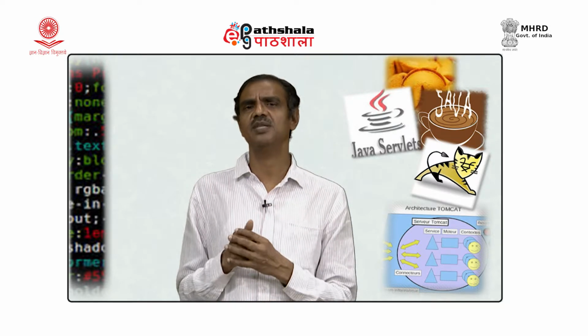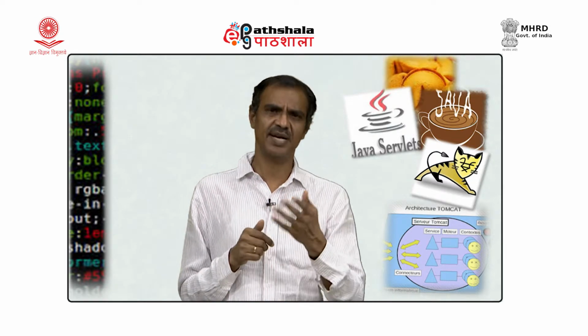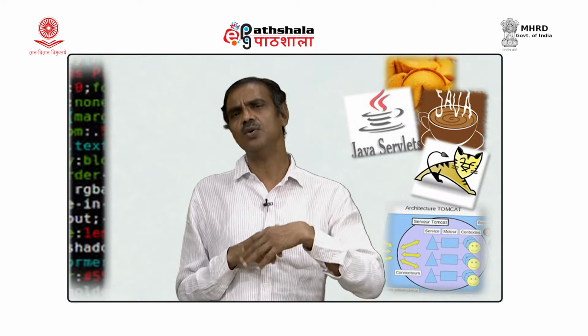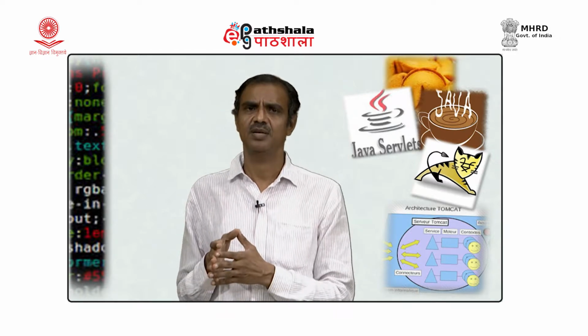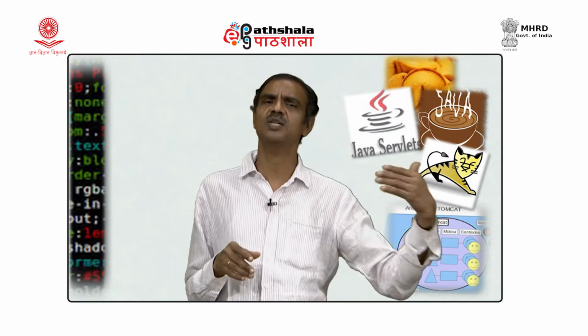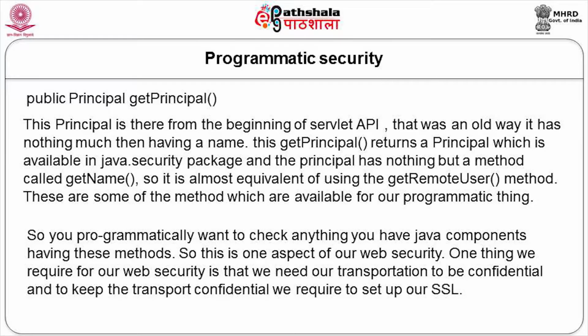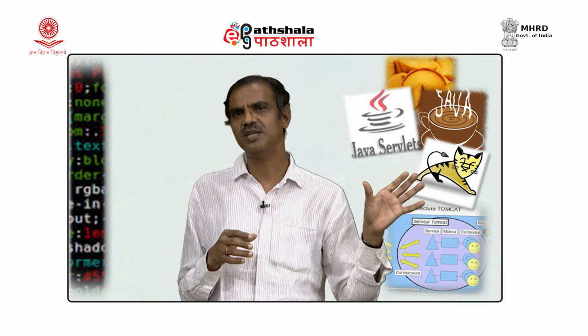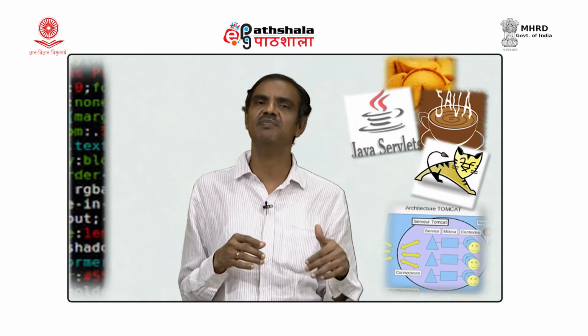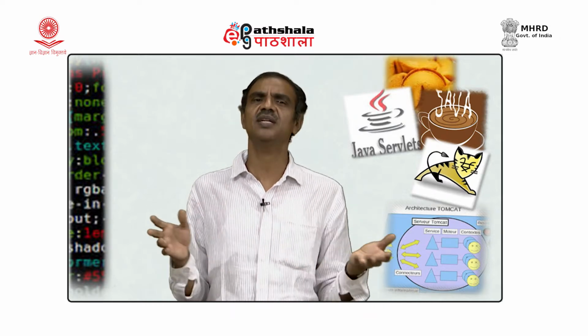So, this information is available, plus we have the getRemoteUser method, and there is an earlier method also called getPrincipal. That method returns an object of Principal. Now, you may wonder what is that Principal? This method has been there since the beginning of the servlet API. That was the old way of keeping it, and it has nothing much more than a name. getPrincipal returns a Principal, which is available in the java.security package, and the Principal has nothing but a method called getName.